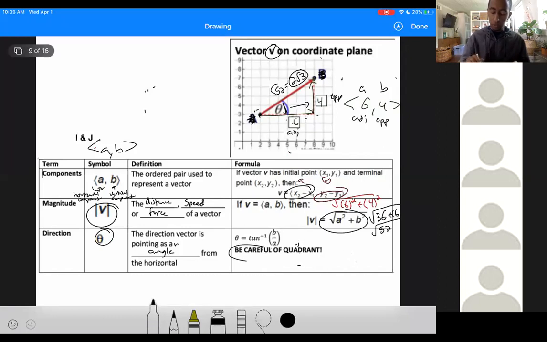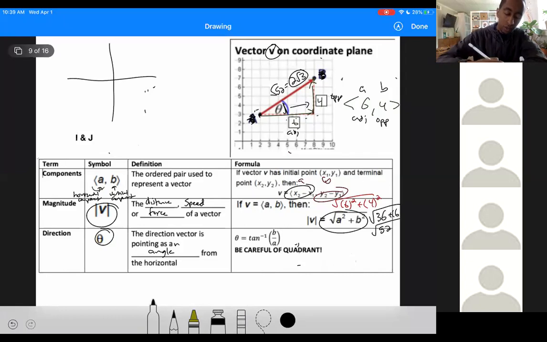Now, a couple of things before we talk about an actual problem. You want to be careful of the quadrant. I wrote that in all caps, and I put an exclamation mark there because this is important. If you have the notes highlighted, what I mean is, let's say your vector was like this, and you're trying to find the angle.